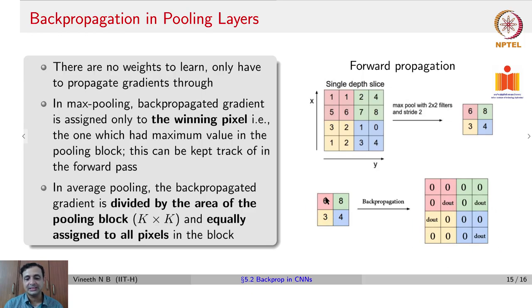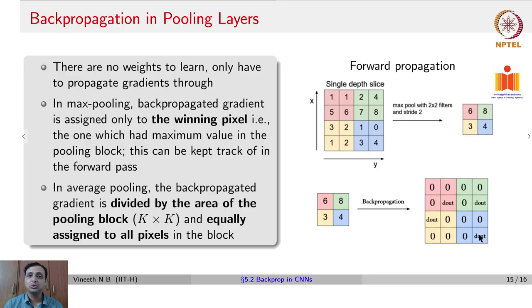The full gradient at 6. Remember, we assume that when we backpropagate, the gradients until this step for each of these pixels are known to us. We only have to see how to backpropagate those gradients across the pooling layer. All this gradient goes to this location, all this gradient goes to this location, all this gradient goes to this location because that was the position of the winning neuron, and similarly for this one.